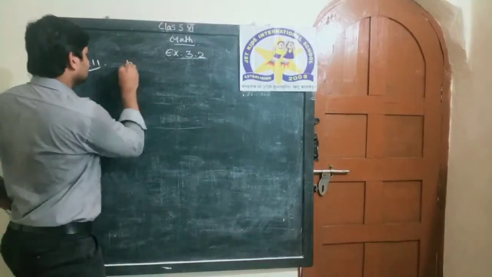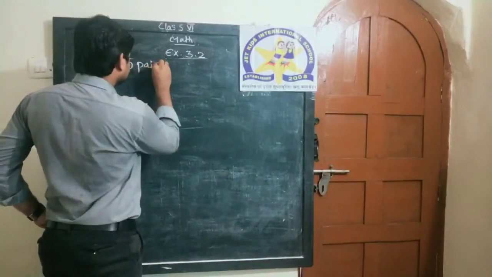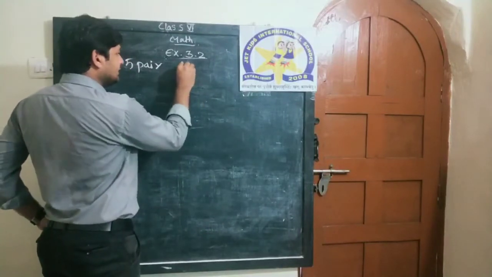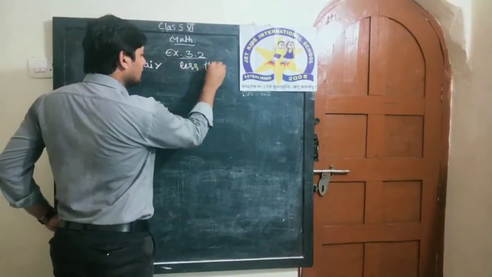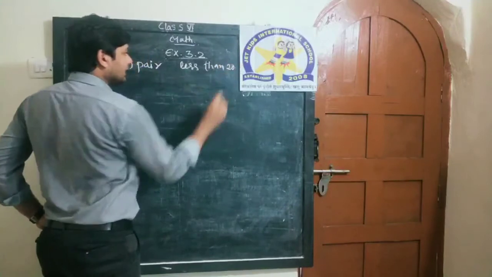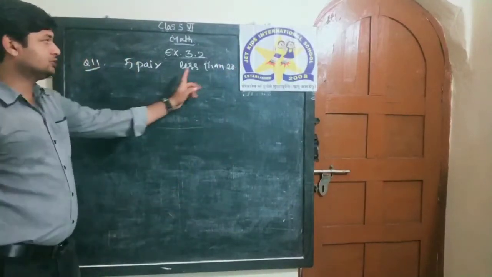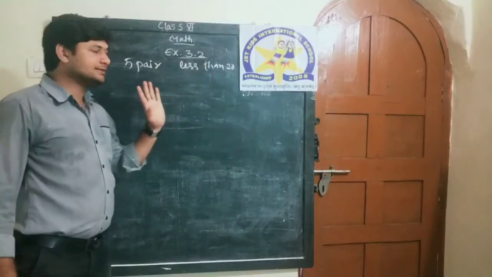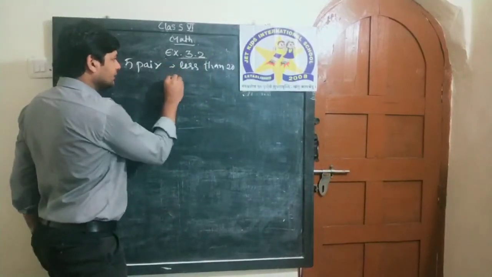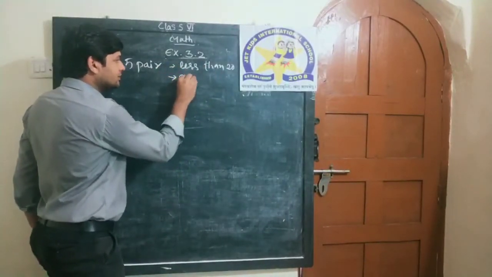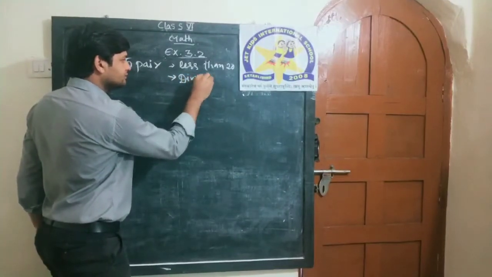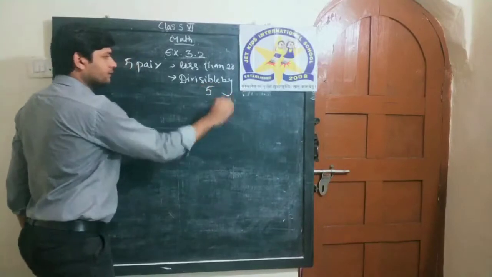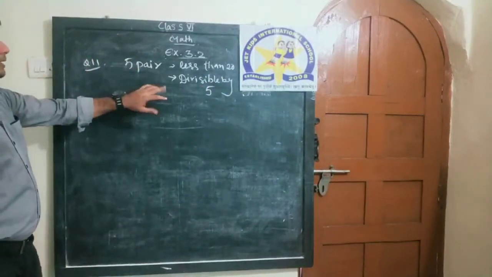First, they should be less than 20. You have to make 5 pairs. And second thing, the sum should be divisible by 5. Clear?